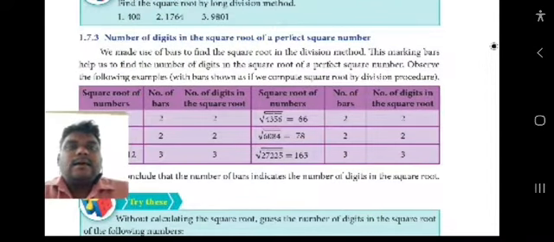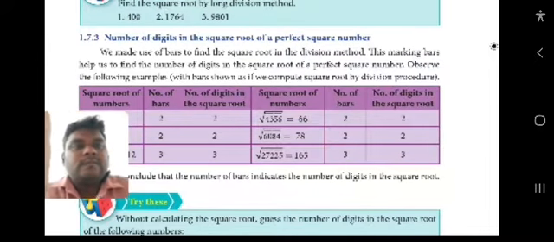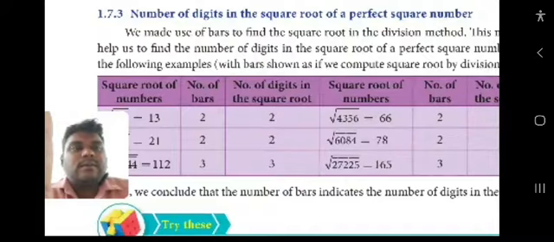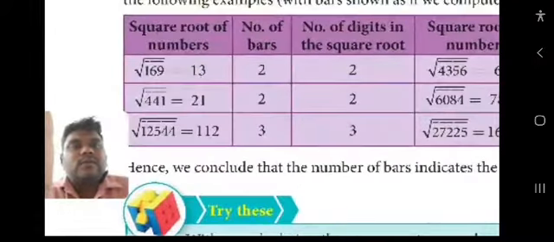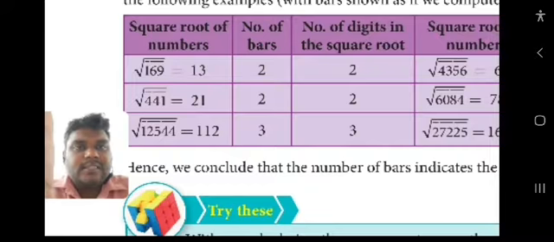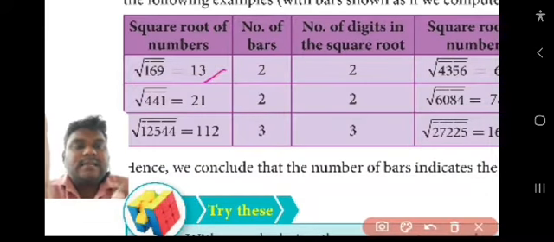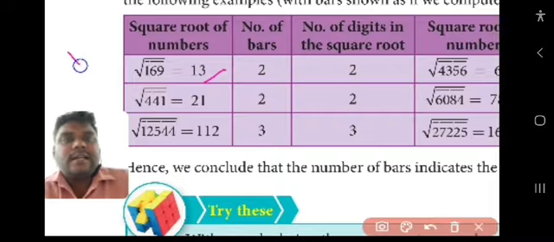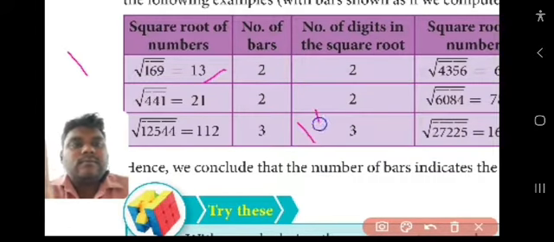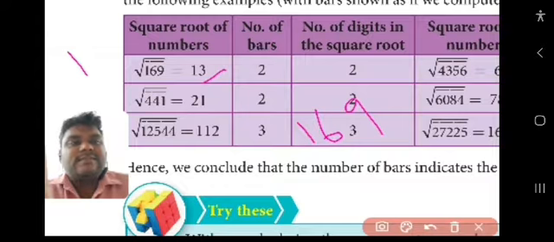So next, number of digits in the square root of perfect square numbers. Number of digits in a square root: when we take the square root of a perfect square number, how many digits will the answer have, let's see how to tell using periods. So see here, the square root of 169 is 13 because 13 squared is 169. For 169, when there are periods, 2 and 1, so there are 2 bars.